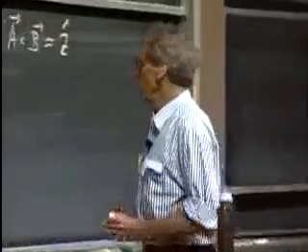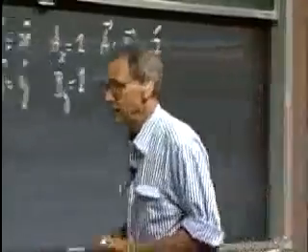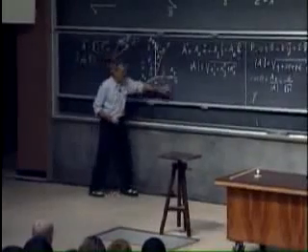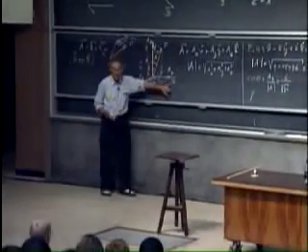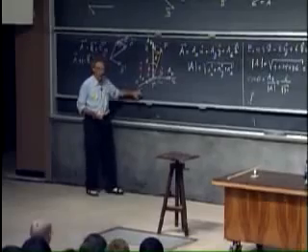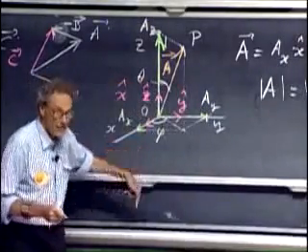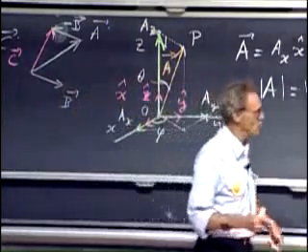Now, if you are very smart, you may say, aha, you find plus z only because you have used this coordinate system. If this axis had been x and this one had been y, then the cross product of x and y would be in the minus z direction. Yeah, you're right.